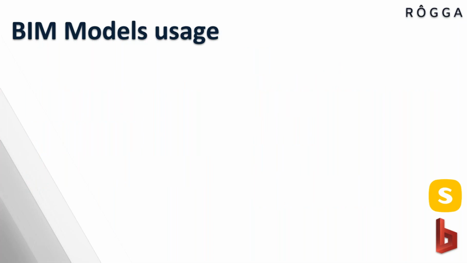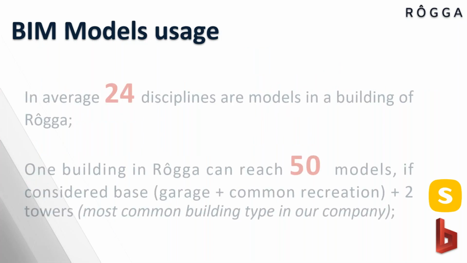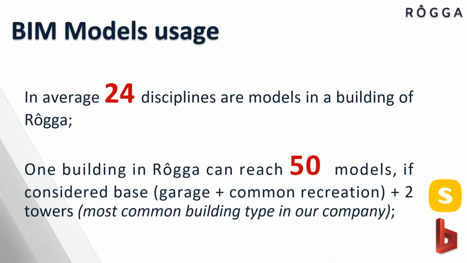Okay. So about our BIM model usage, on average 24 disciplines are modeled in a building, and this building can reach 50 models if you consider the base is composed of garage plus common recreation and 2 towers.